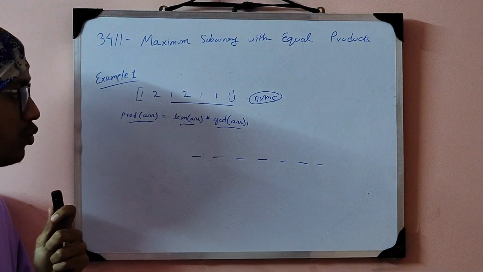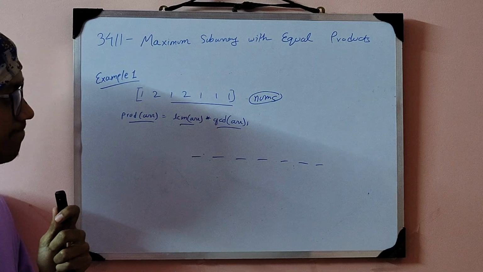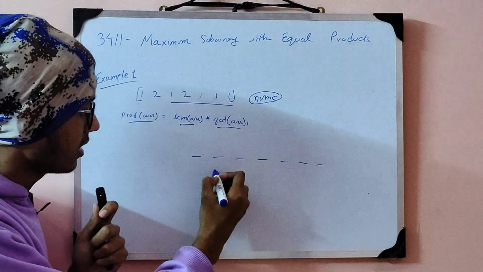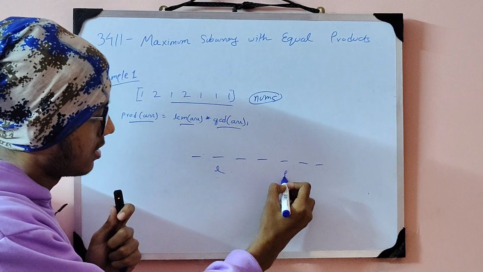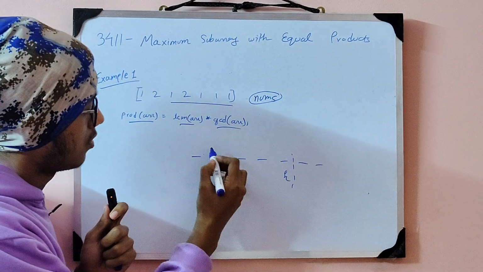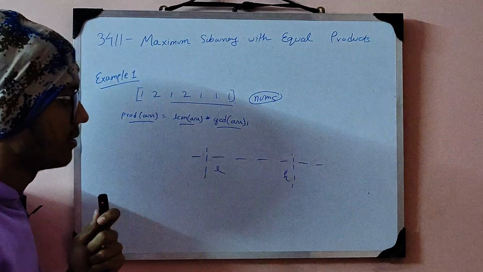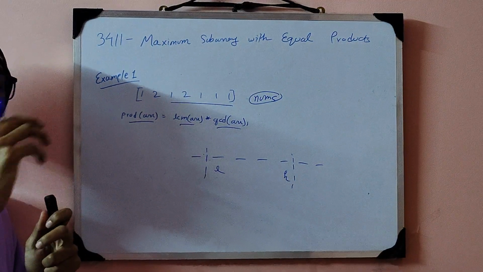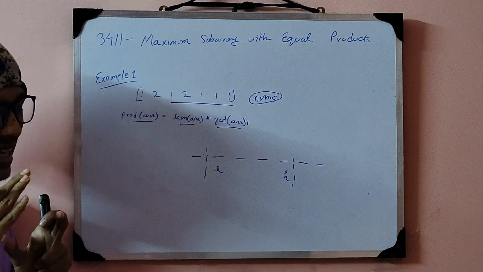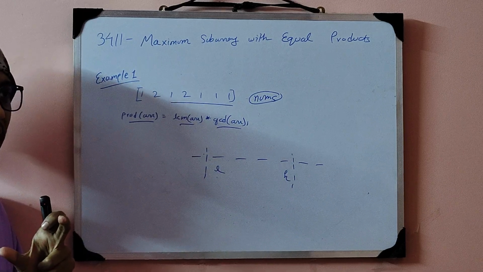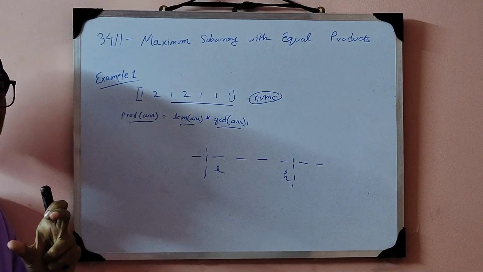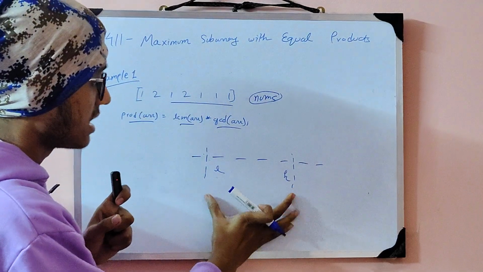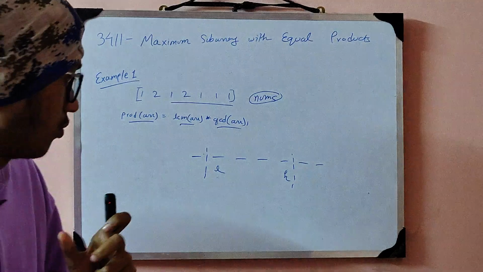So how can we do that? Suppose I got this subarray. Consider this part only. Using two for loops, I can get each and every subarray, and the ith and the jth index will represent how much portion of the subarray I am considering right now.